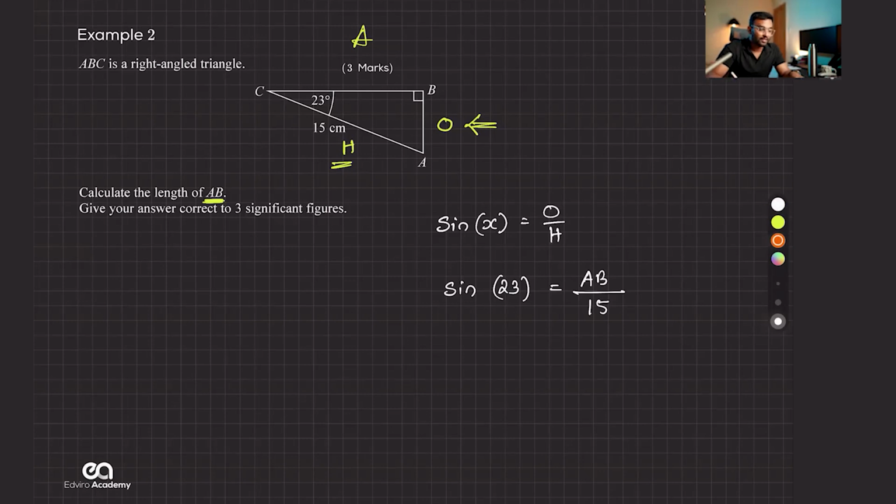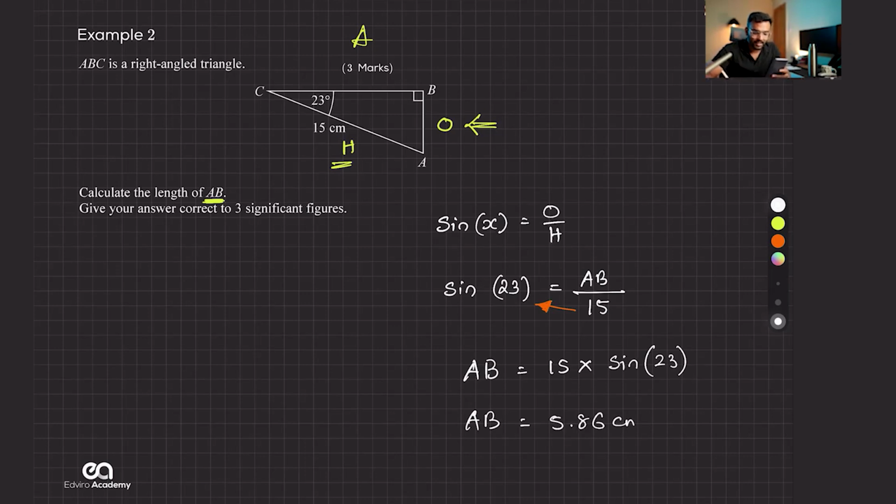And again, we will cross multiply. Did everyone understand why we are cross multiplying? Because we want to make AB the subject. So AB equals 15 times sine of 23, and that will give you the value of AB: 5.86 centimeter.